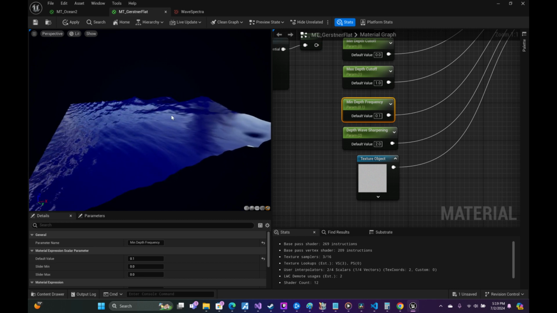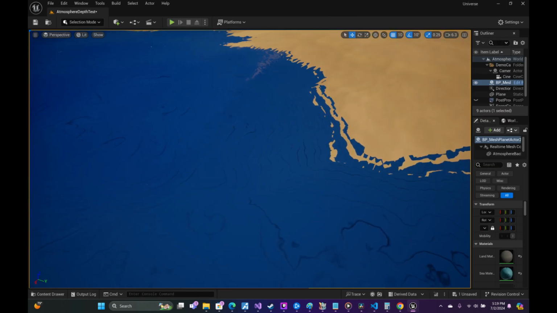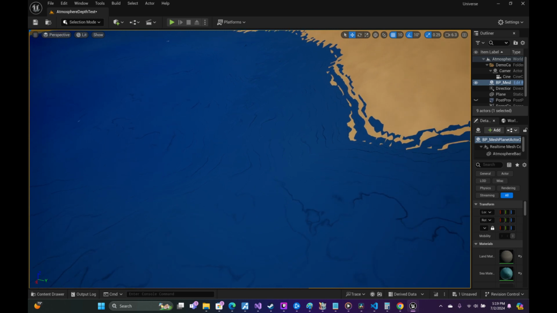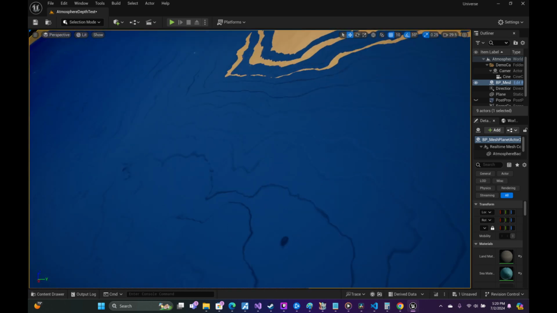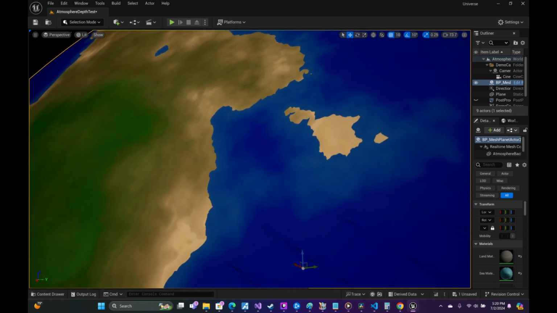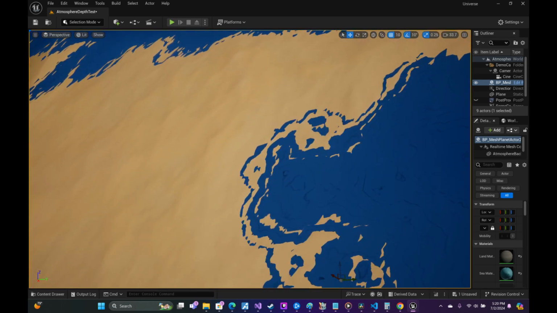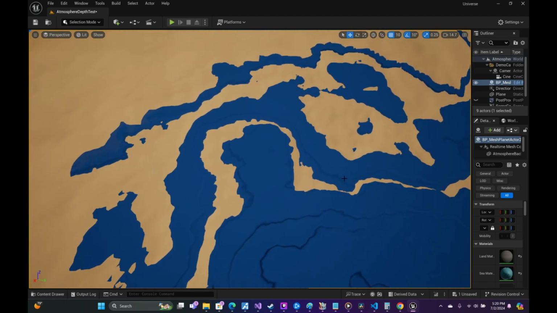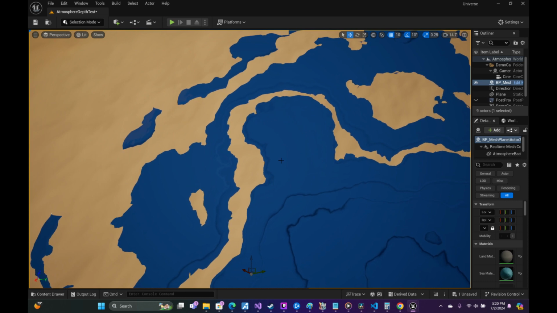I have something like this that I've used before on my planet, and this is what I was talking about, the one that can accumulate too many waves. Also, I jacked it up somehow. The amplitude's too high, so it doesn't look right.